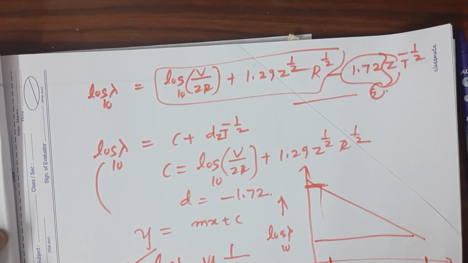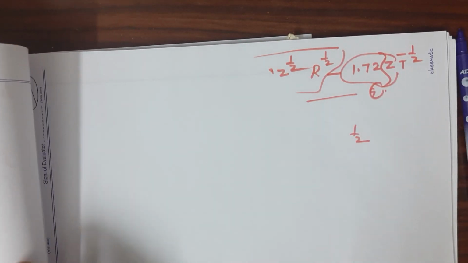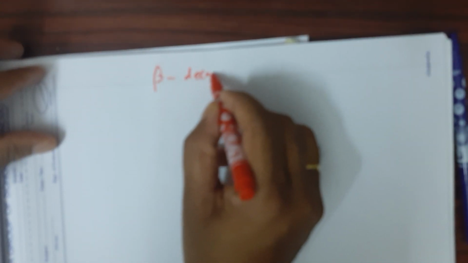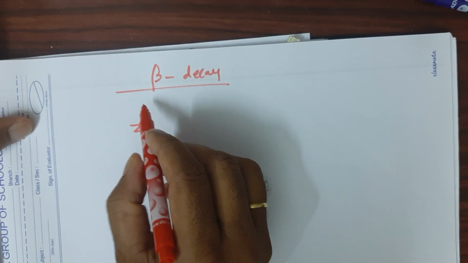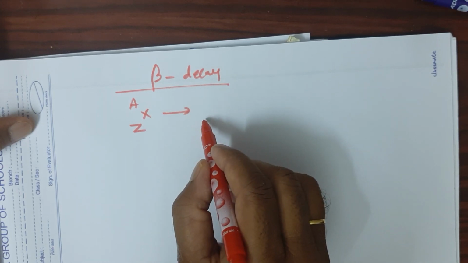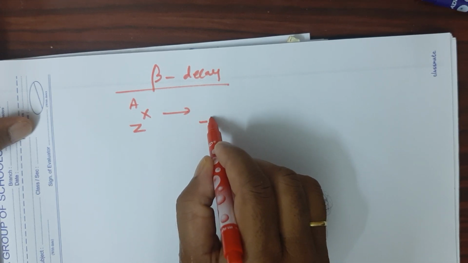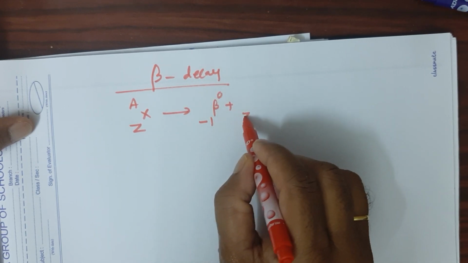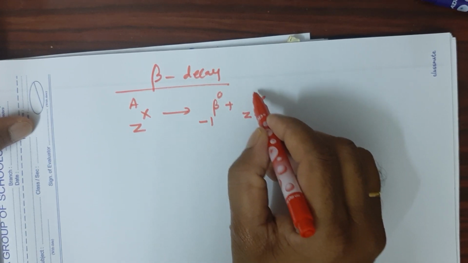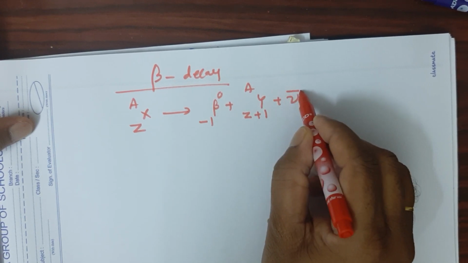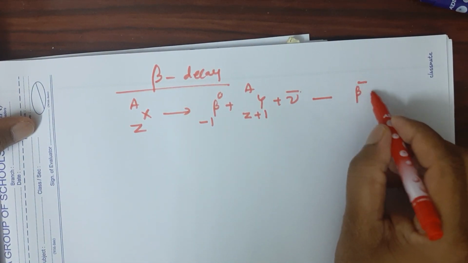Right. So now coming to beta decay or beta disintegration. So what is beta decay? Let me repeat the concept. Beta decay is nothing but the emission of a beta particle by the radioactive substance, right? Its general representation: Z X A gives rise to beta particle, that is -1 beta 0, plus Z+1 Y A plus antineutrino. So this we call beta minus decay.